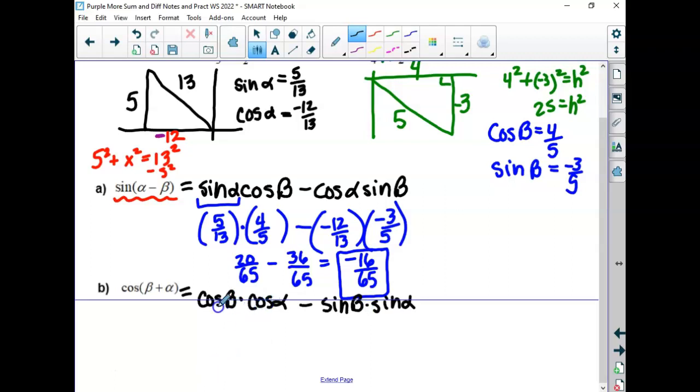So in any order, you got to put the two cosines, and then you have to subtract, and then the two sines. Do I have it right, guys? Okay. Multiplication can be in any order, but subtraction has to be in the middle here.